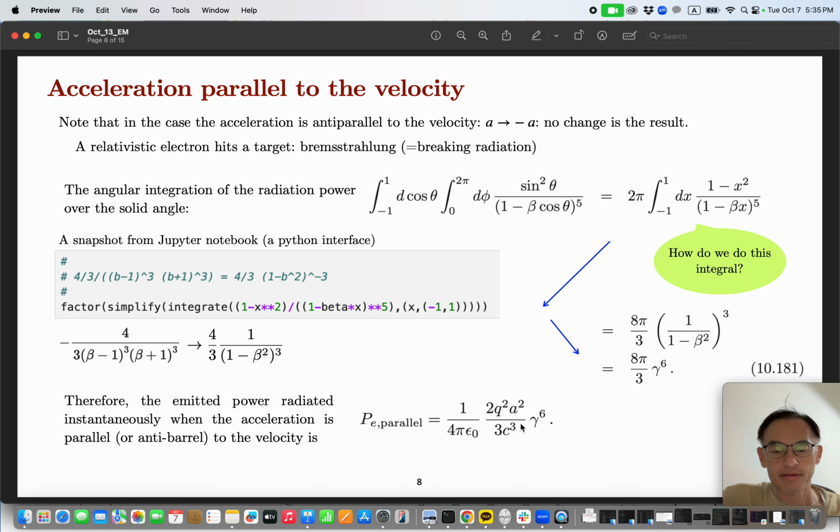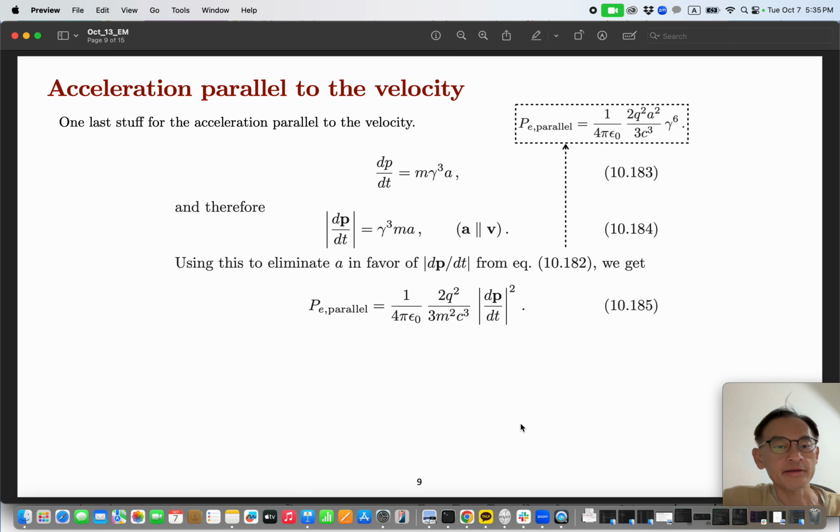Okay. And one more thing. So previously we have acceleration squared and gamma to the power of 6, but now we want to recalculate in terms of change of the momentum. So we can use this formula, change of the momentum is m gamma cubed times acceleration.